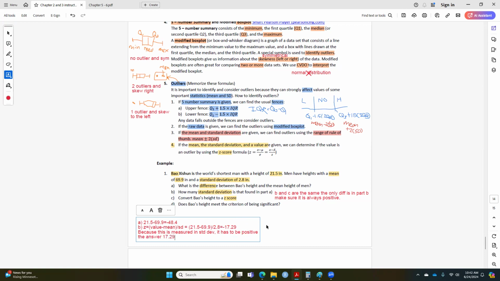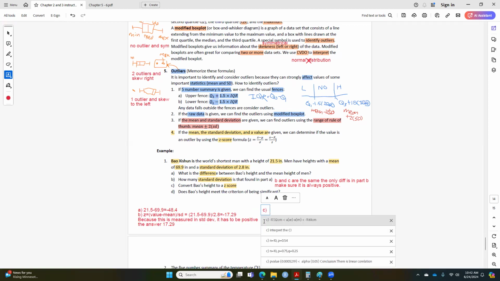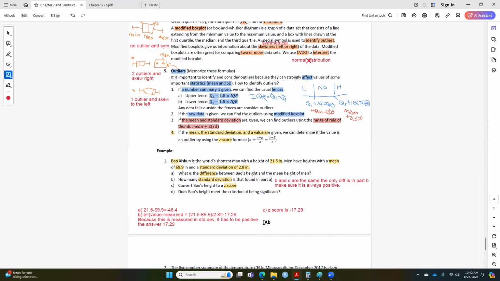In other words, if they ask you for the standard deviation, just take the absolute value of the z-score. Okay. C, we just did it already. For part C, you want to find the z-score. The z-score is negative 17.29. So that's the difference between question B and question C. So make sure you guys know this. A very important case.